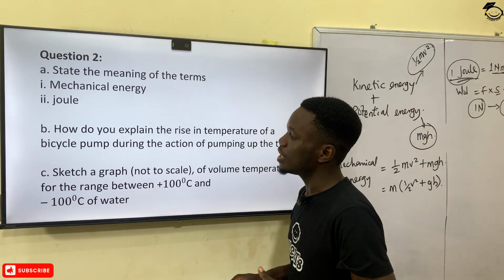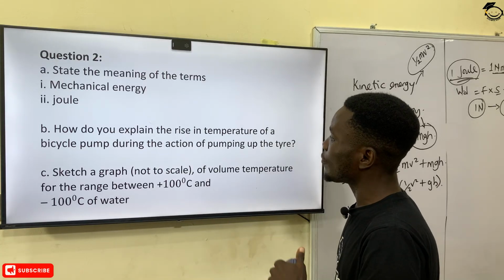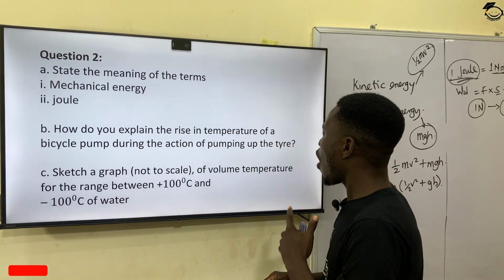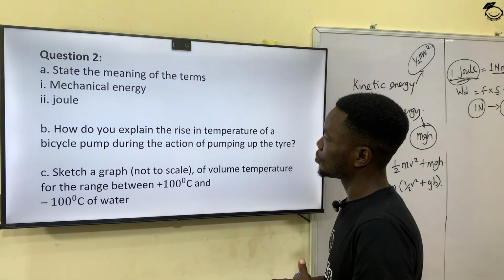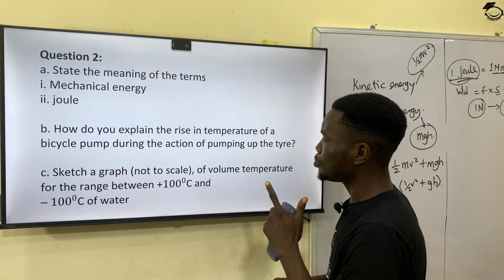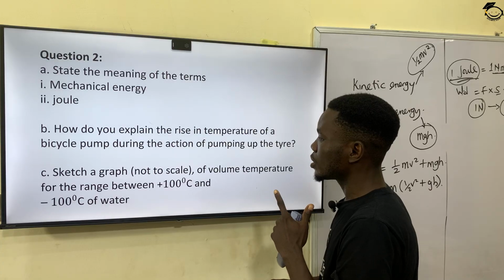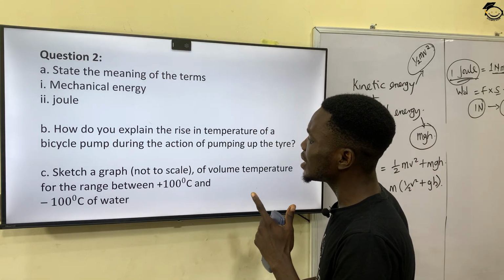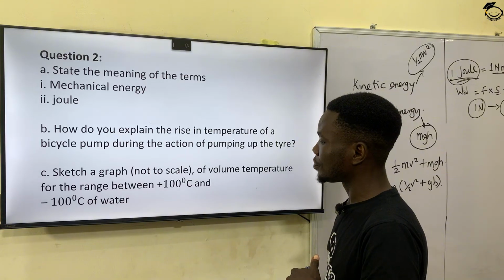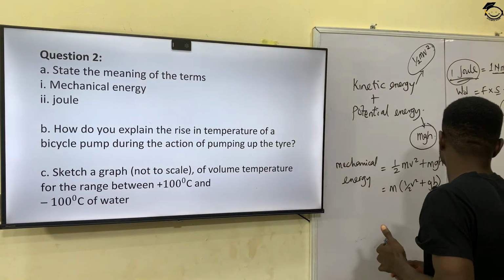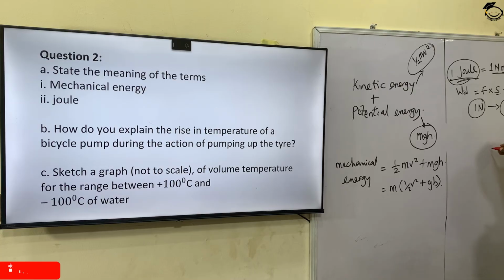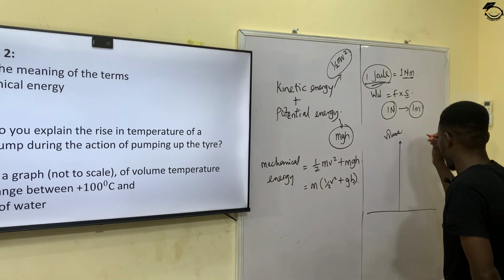Question number 2c. It says, sketch a graph, not to scale, of volume against temperature for the range between 100 degrees Celsius and minus 100 degrees Celsius of water. So what is this saying? I have my graph here, and this is volume, and this is temperature.